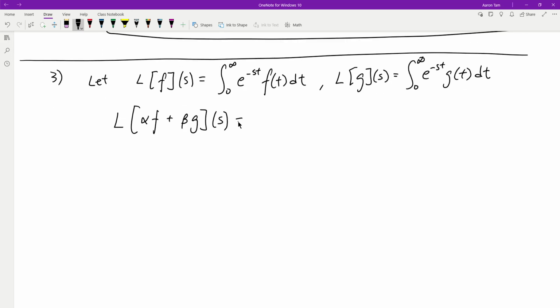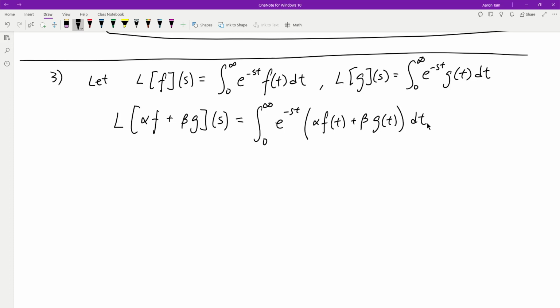So if I do that, then I'm defining the improper integral, the integral from 0 to infinity of e to the negative st multiplied by alpha f of t plus beta g of t, dt.